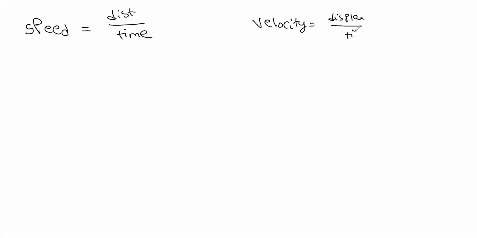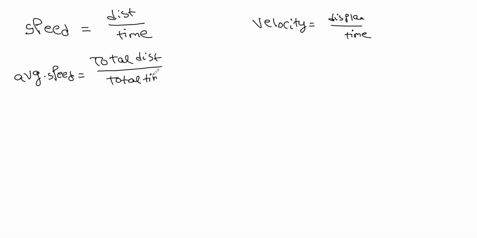Displacement by time, right? So average speed, same formula. Total distance by total time. The same formula. Speed means you will get average speed itself. Both are same. Okay.